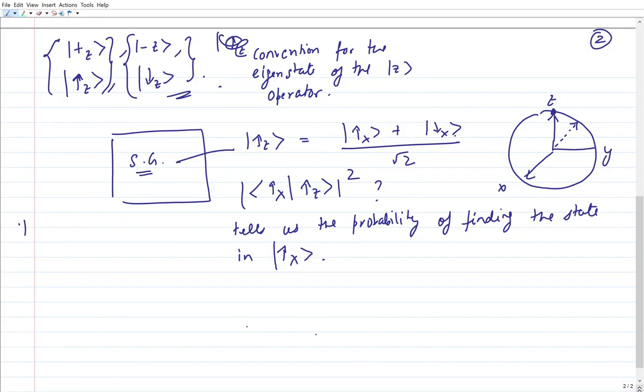Again, I am going to be using plus x, the plus 1 eigenstate of x, interchangeably.